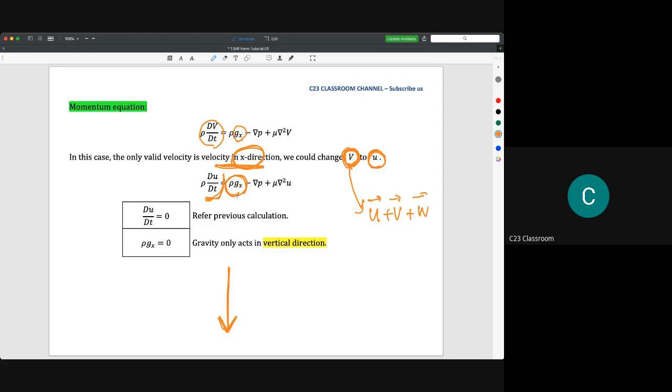And then we have a nabla pressure here, and we change the V here with the small u because we are focusing on x direction. So this is another step that you should know. You need to replace the terms from the general Navier-Stokes equation with what you are focusing on. Normally we are focusing on the x-axis, so you replace all of them with u and x.